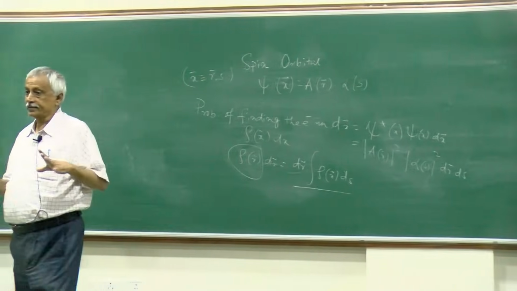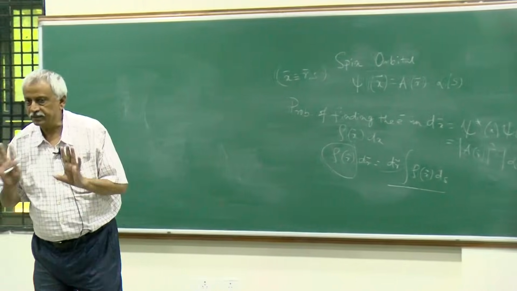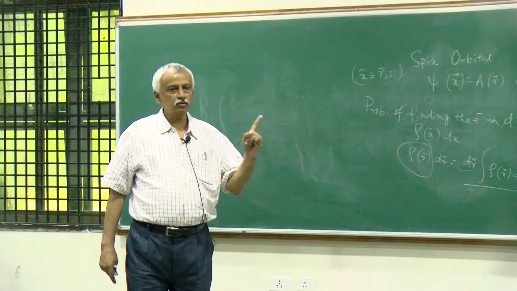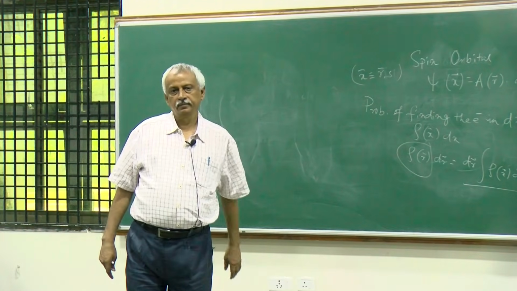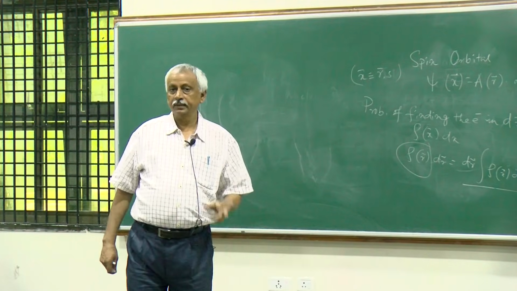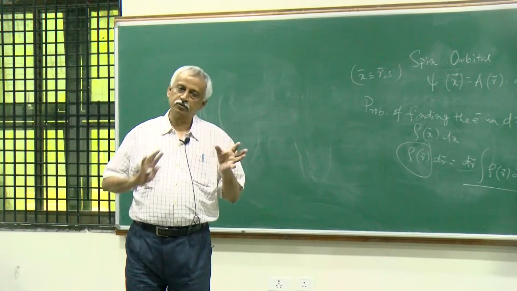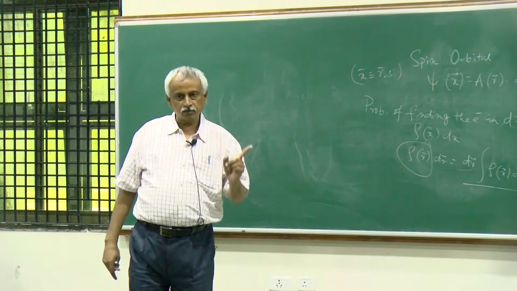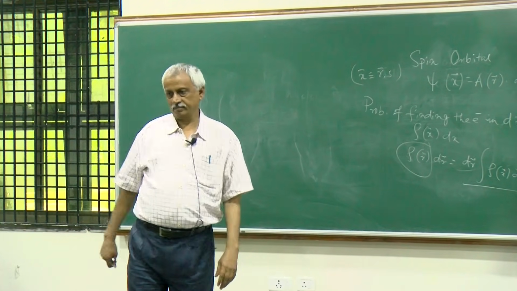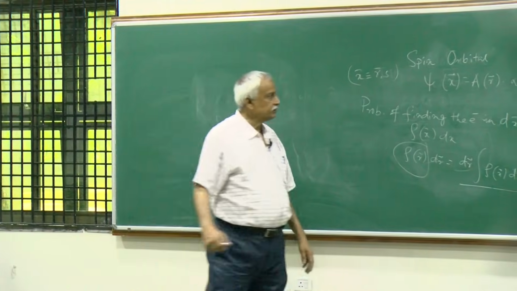Now, if I ask you, what is the probability that the first electron would be in dx1, second electron would be in dx2, and remember, when I am telling dx1, that means I am also specifying the spin. dx1, this in dx2, this in dx3, and the nth electron is in dxn. So what is the probability?